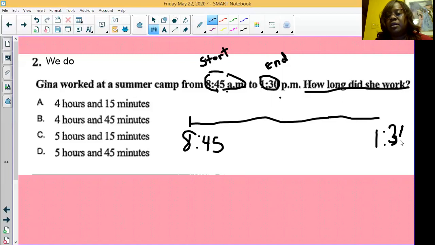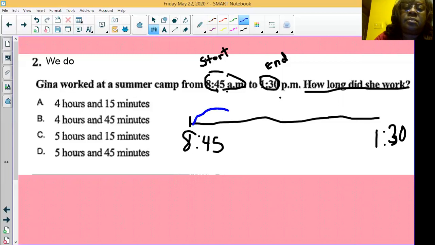Okay, so our job is to figure out the elapsed time. So we have an hour of 8 here, and we're trying to get the 1 o'clock hour. So we're going to begin by jumping by hours first. So if we go from 8:45 and we jump 1 hour, and put plus 1 hour at the top.